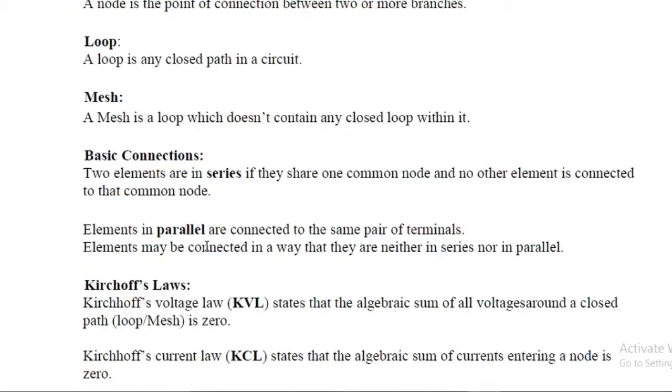Two elements are in series if they share one common node. That means if a terminal of one branch is connected to the starting terminal of another branch, that connection is called series connection. If the starting terminals of both branches are connected to one terminal of the supply and the ending terminals of both branches are connected to the negative terminal of the supply, then that connection is called parallel connection.